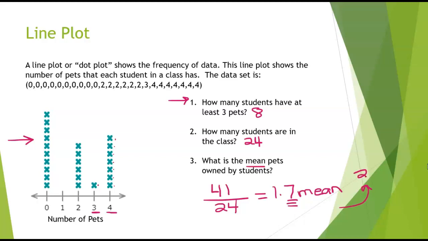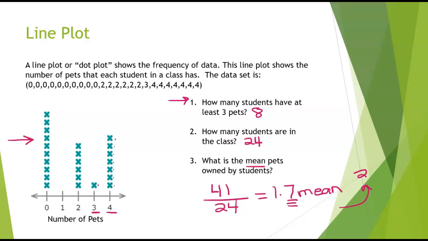If somebody were to ask you about this class, what is the mean number of pets or the average number of pets the students own, you would say 2. Remember, when we're talking about people or pets, you can't have a part of a pet or a person. You have to round up to the nearest whole number.